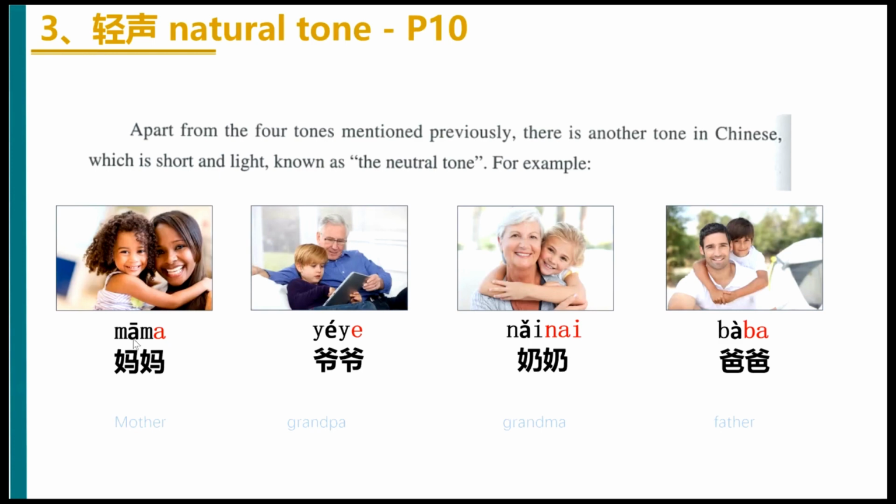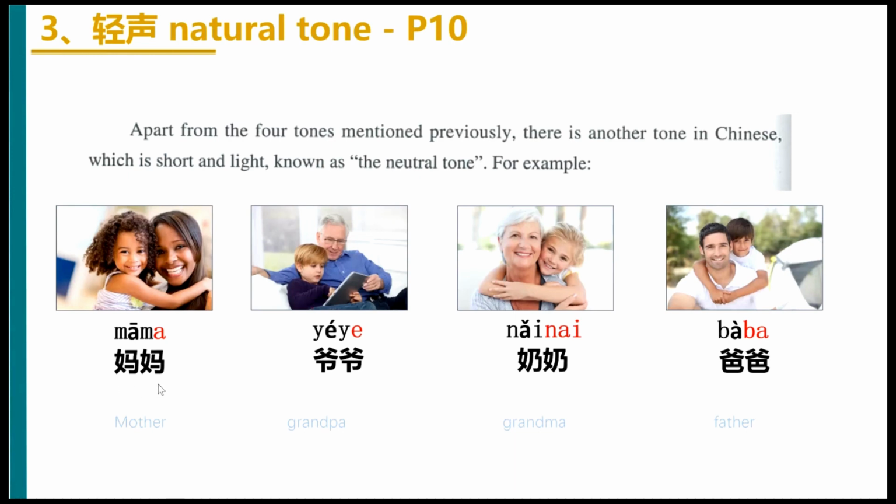The first one is using the first tone, right? Ma. Well, the second syllable is using the neutral tone, so there's no tone mark on the head of a, and it sounds like ma, short and light, and soft. Together, this word sounds like mama.